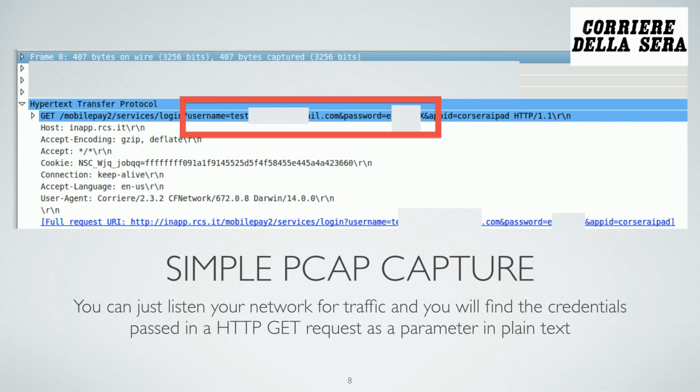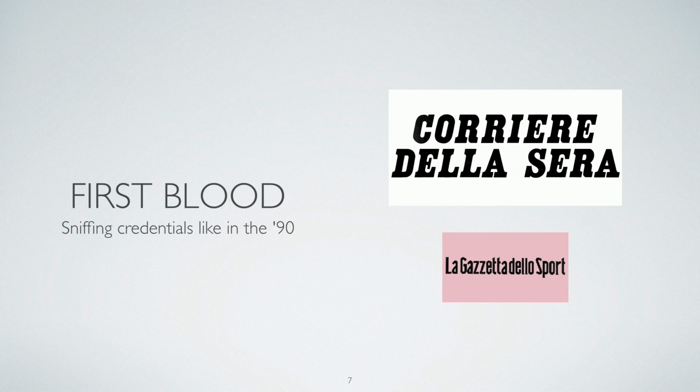So, for example, if any one of you at the conference now on the open Wi-Fi is reading his subscription to Corriere della Sera and someone is sniffing the traffic, he can steal your subscription. And we disclosed this vulnerability to the developers some weeks ago, but we haven't got any response.